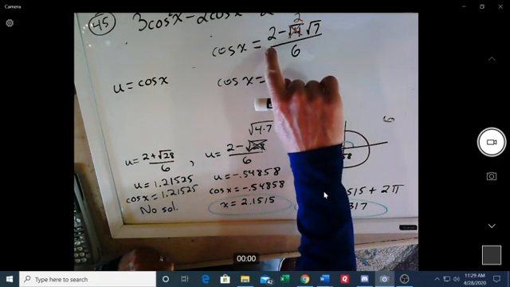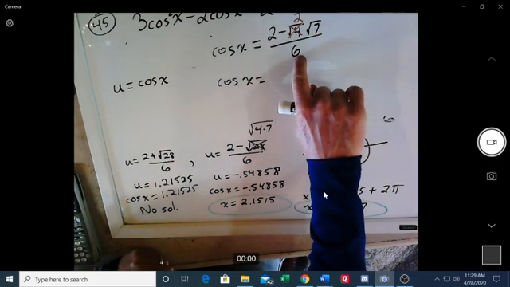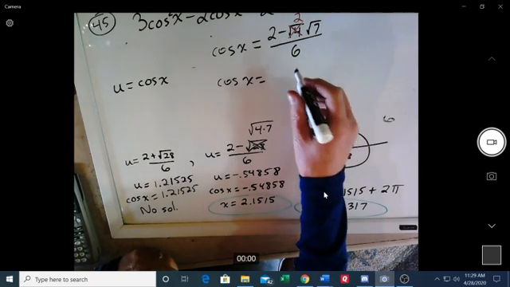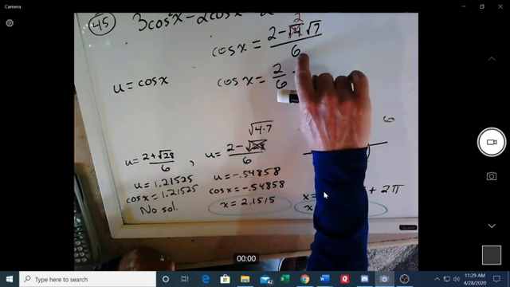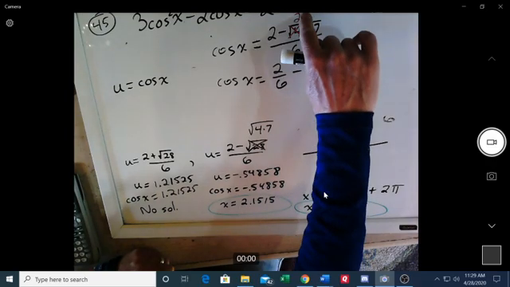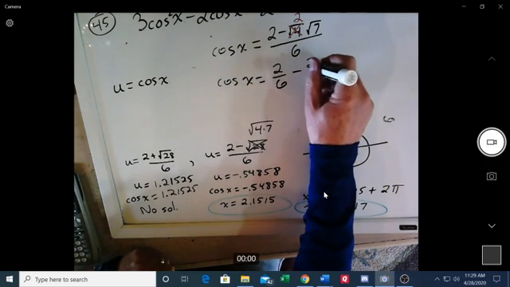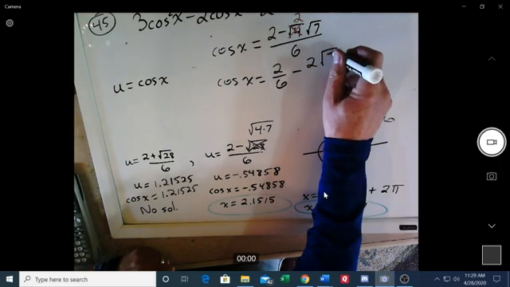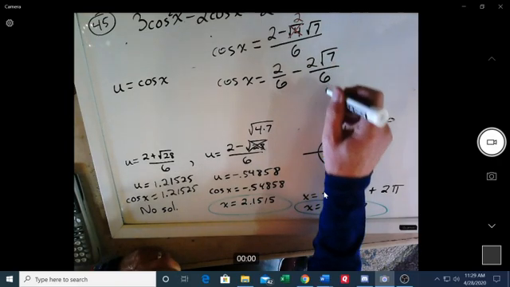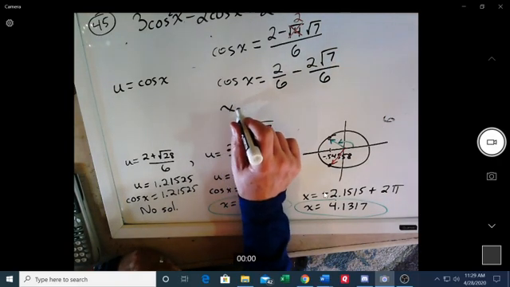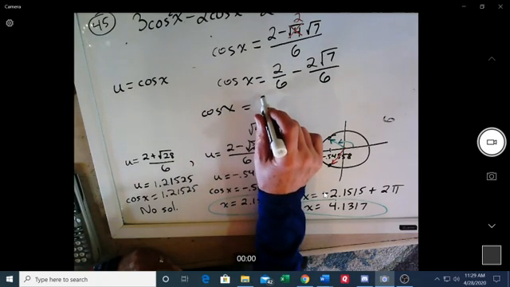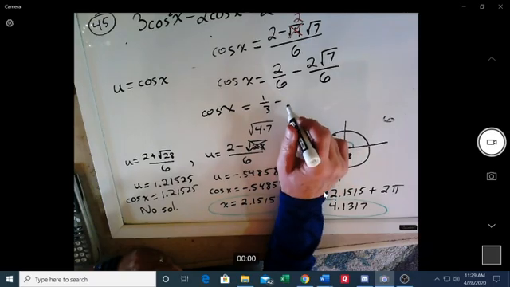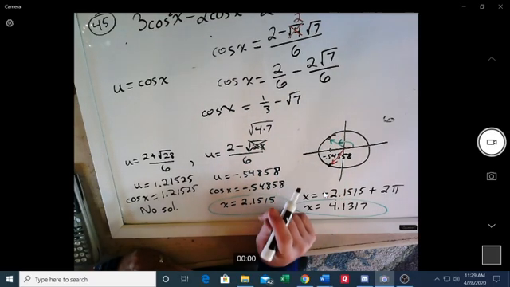equals, now I'm going to break it up into two separate fractions. 2 over 6, and you can only do this if the denominator is one number, that you can break each term up over that number. And then this cosine x is 1/3 minus the square root of 7.